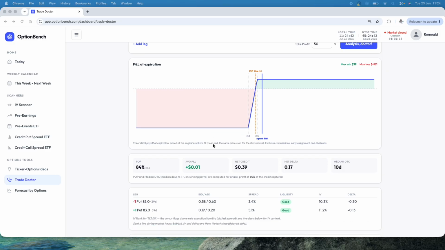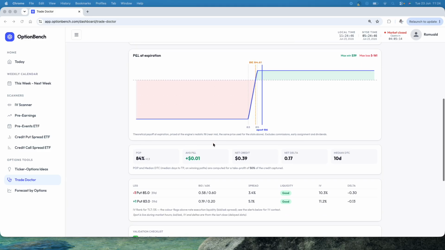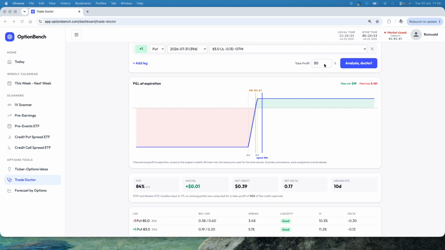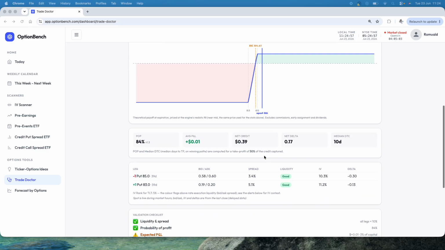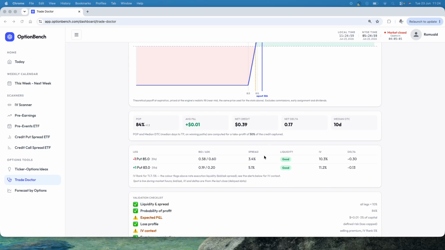So here's what the trade really is. 84% of the paths win, but they win small because you take profit at $20, which is 50% of $39. So the 16% that lose, lose big, up to 162.